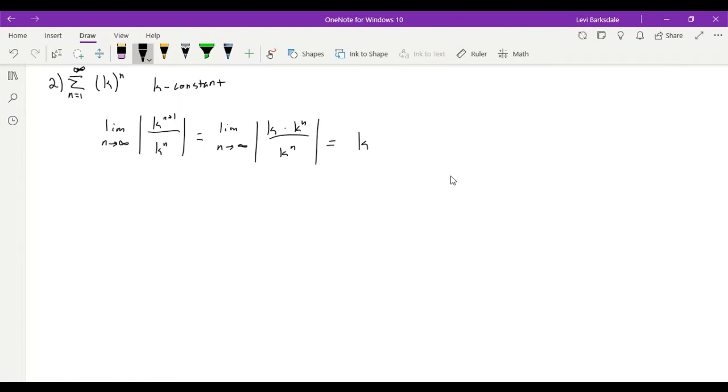Now, if you'll recall, technically this would be the absolute value of k. Our series will converge if and only if this value of k is smaller than 1. So we can say that our series converges for values of k that are between -1 and 1.